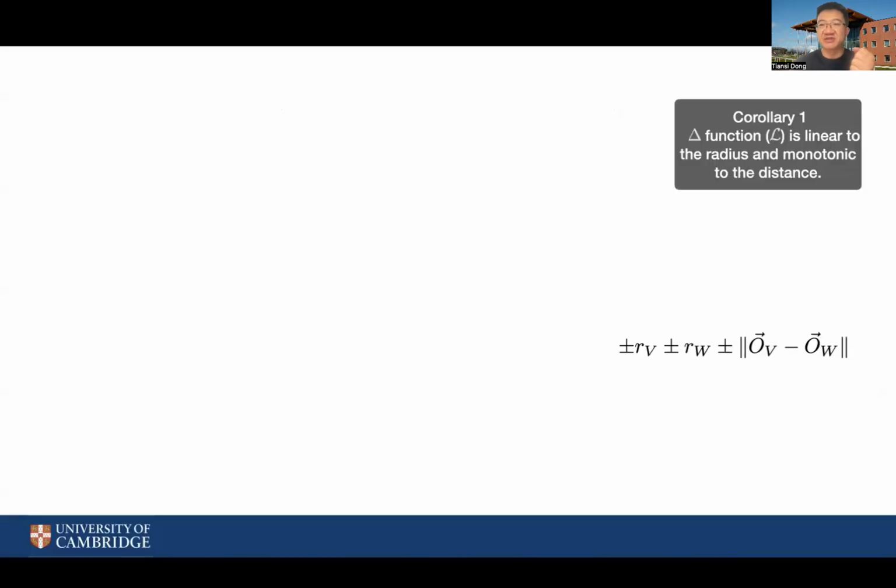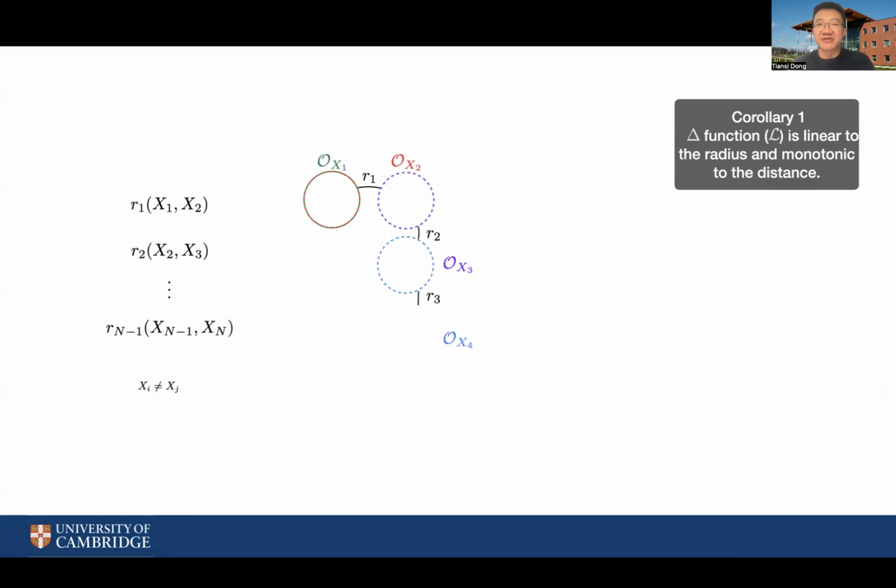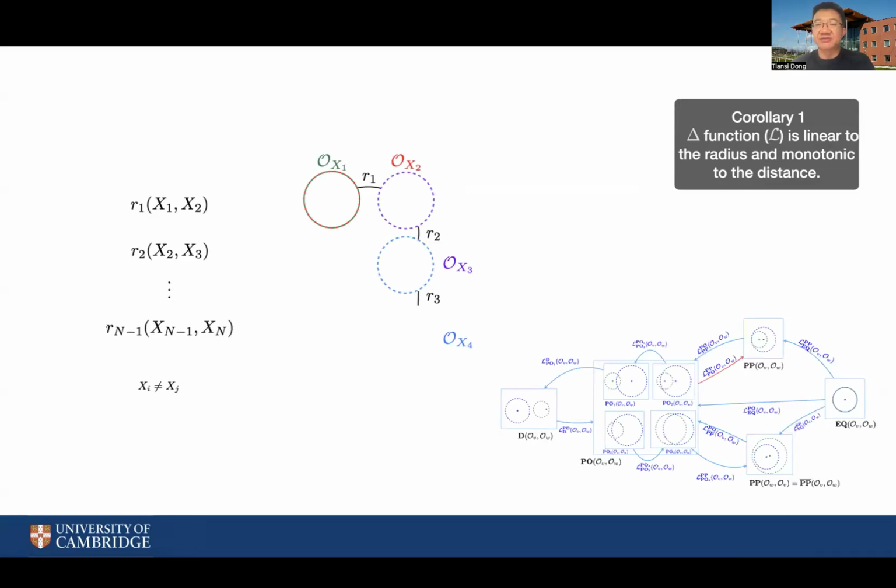We start with the first corollary. Corollary 1: we observe that our gradual descent function, or delta function, is a linear function of the radius and the distance between the central points.